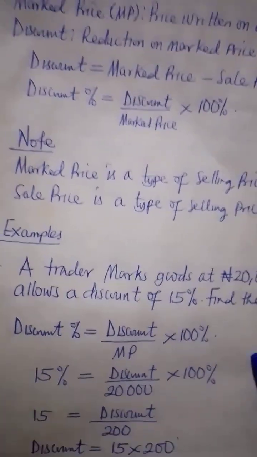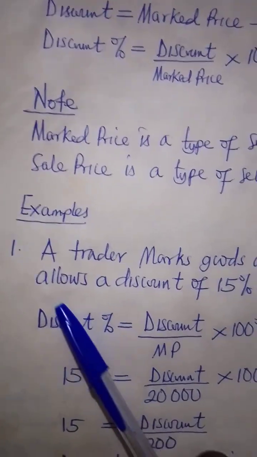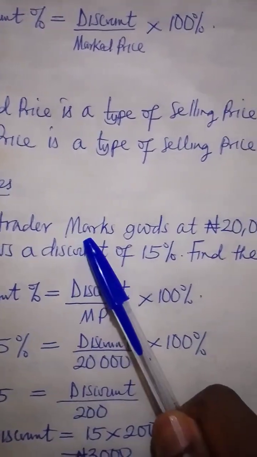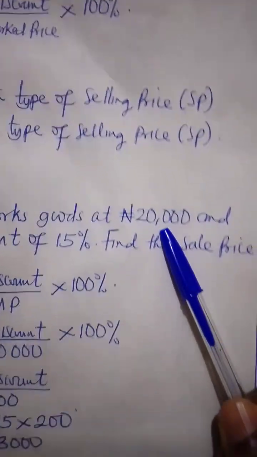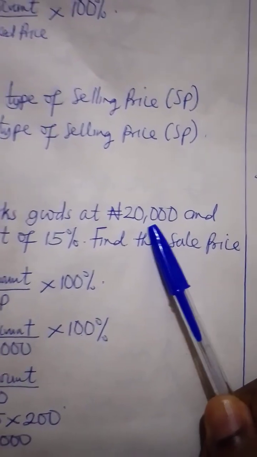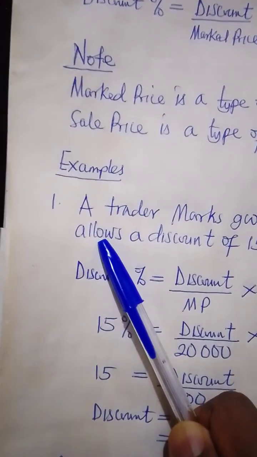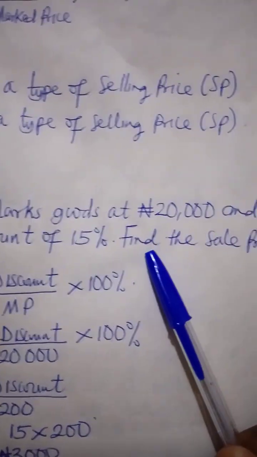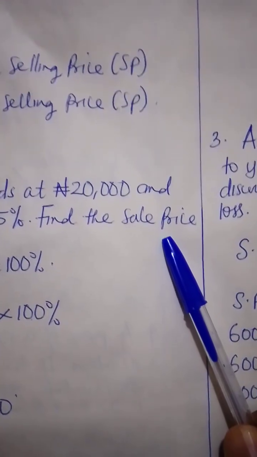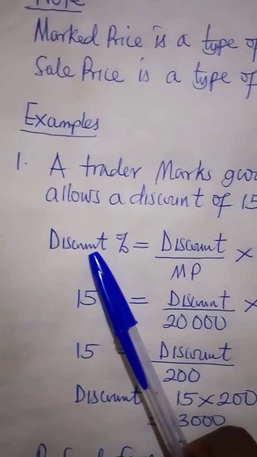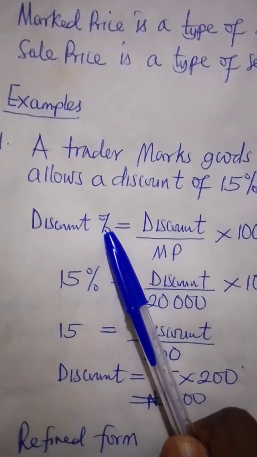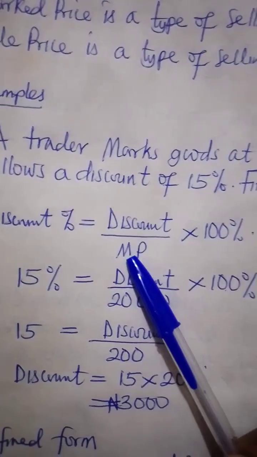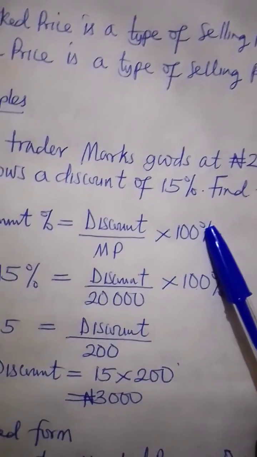So let's see some examples. A trader marks goods at 20,000 naira and allows a discount of 15%. Find the sale price, the selling price. Discount percentage or percentage discount is discount over marked price times 100%.